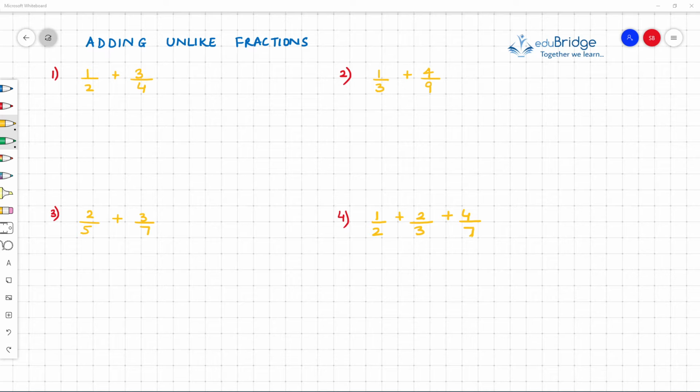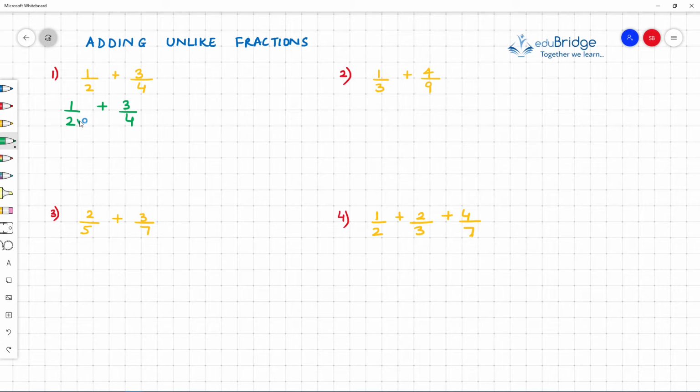Let's look at the first example. Our first example says 1 by 2 plus 3 by 4. How can we make the denominator the same for both fractions? Your denominators are 2 and 4.